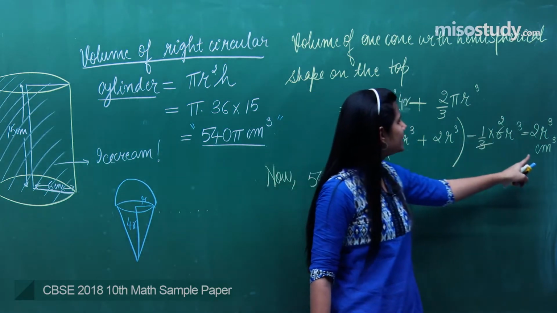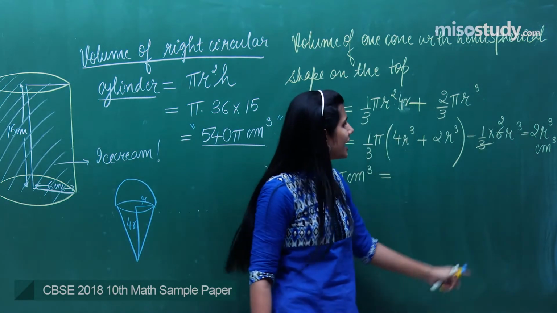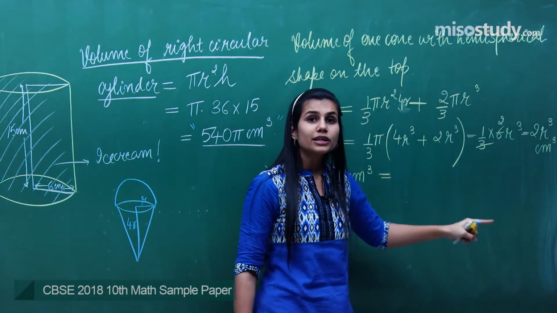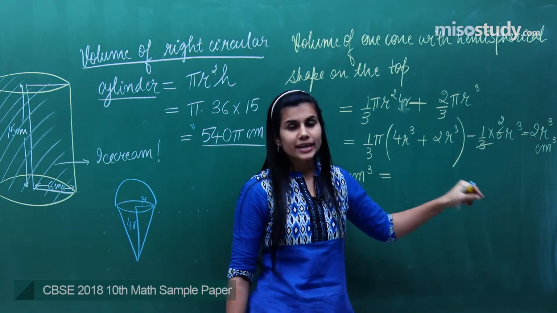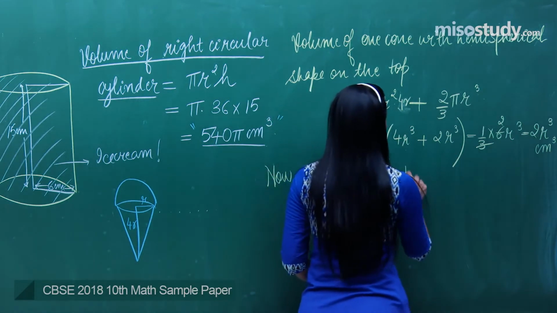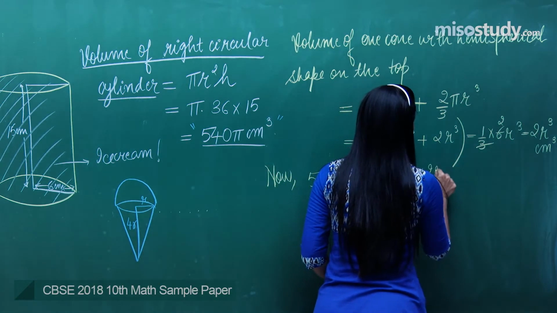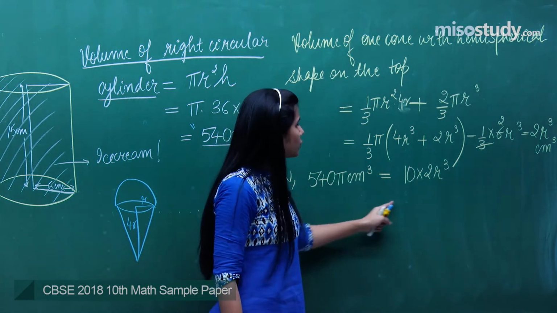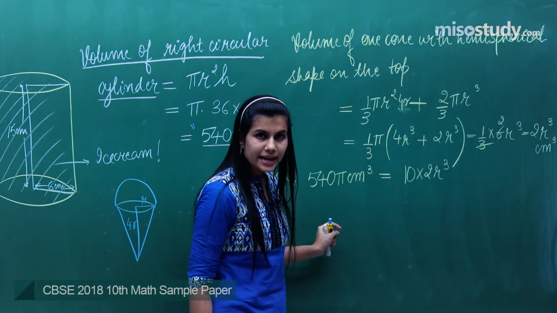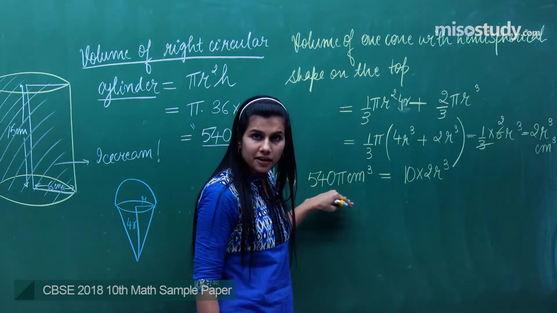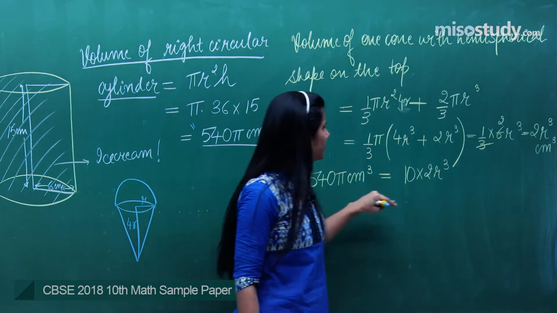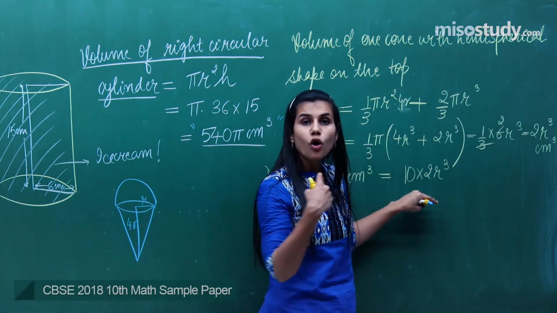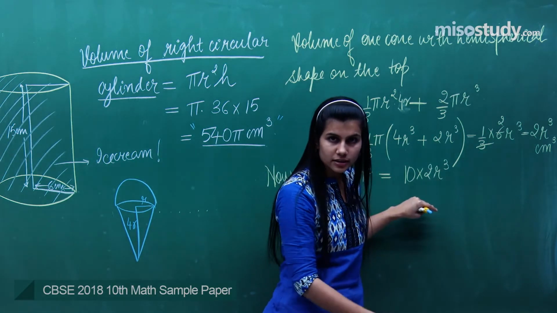Volume of each cone is this, so I add 2r cube plus 2r cube and so on 10 times, which makes it 10 times 2r cube. This is the scenario you have to interpret: the volume of the entire right circular cylinder will be equal to the volume of all the cones added together.